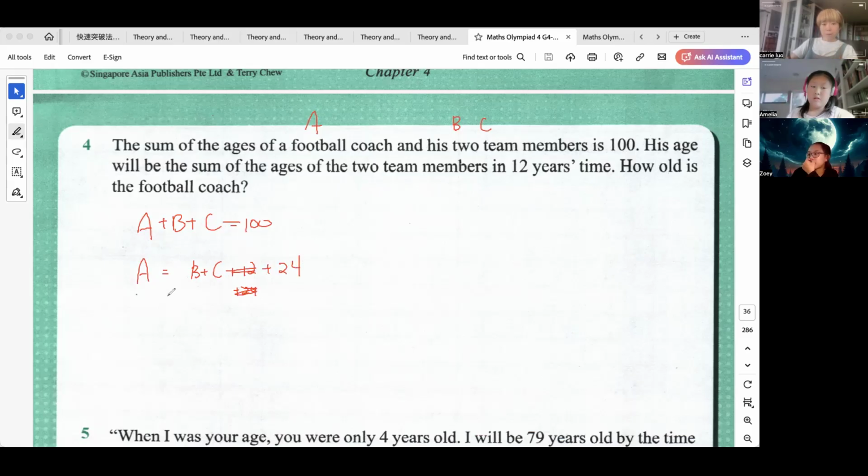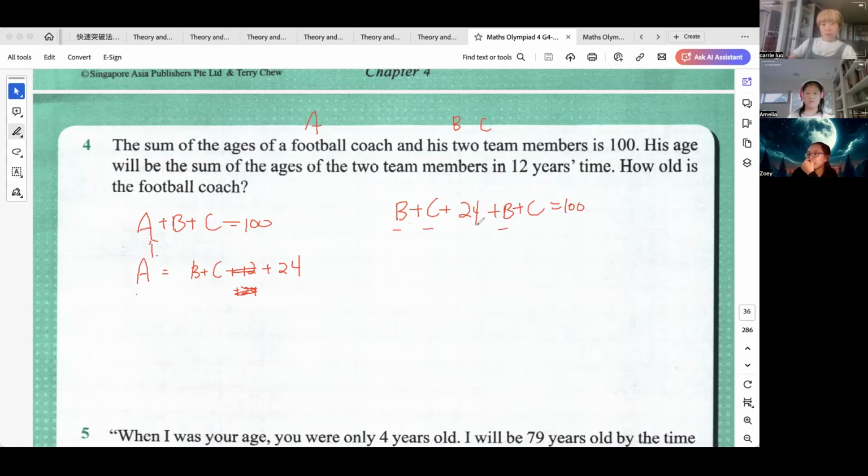Very good. So right now we have two equations, right? Correct? So can we change them into A equals B plus C plus 24? Then we continue, A plus B plus C equals 100, right?